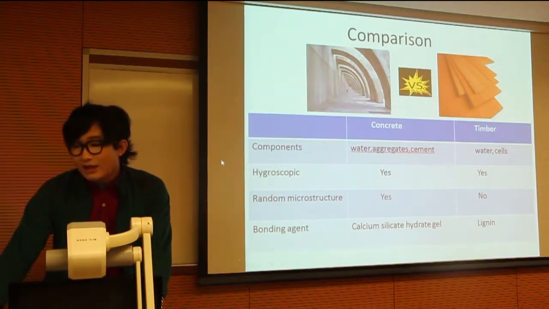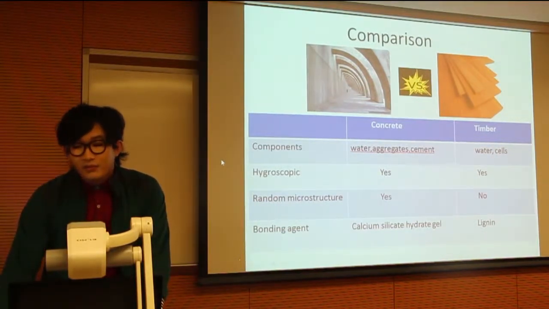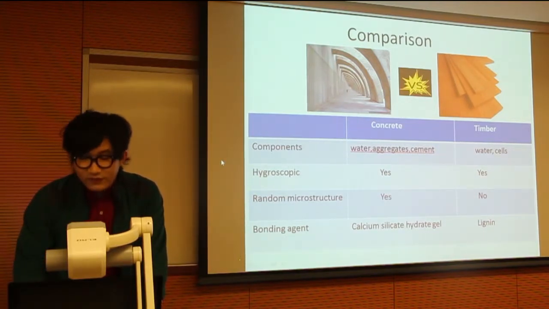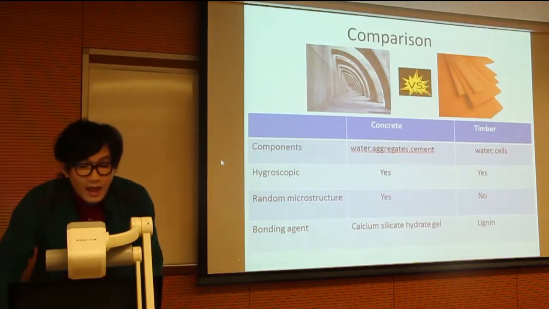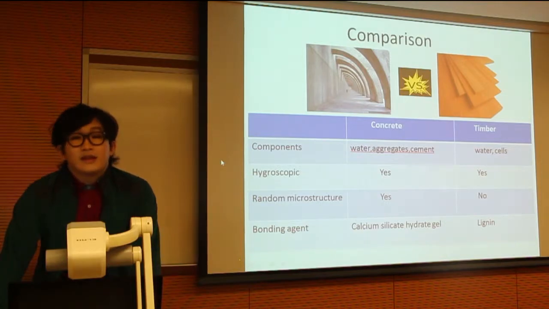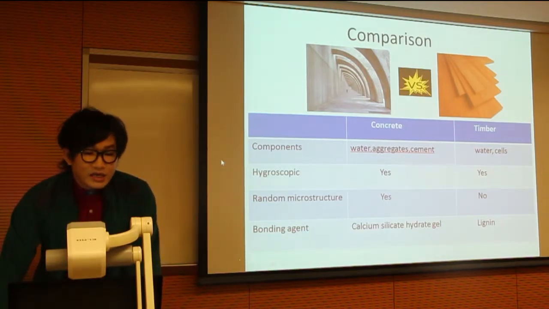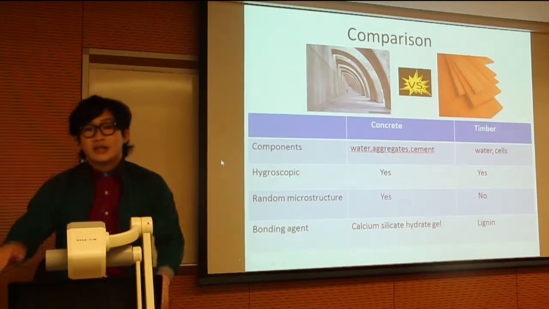And on the other hand, timber is not random when it comes to its microstructure because of the crystalline structure of the cellulose. And in timber, the flat molecules fit together in a regular fashion in their long chain direction parallel to each other.